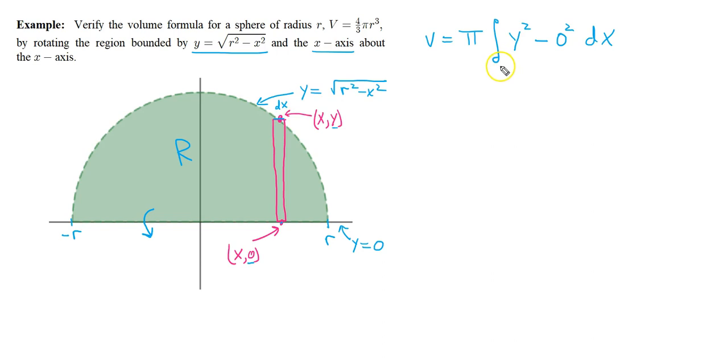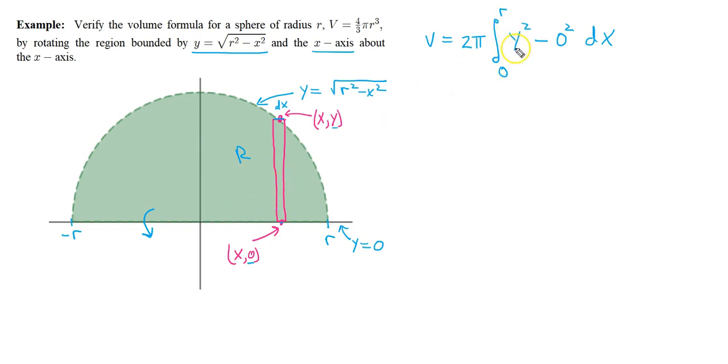Now, as far as our limits of integration go, we could integrate from negative r to r, but it's a little easier in this case if we integrate from 0 to r and then just multiply this by 2. So we're going to do that. We're only going to take this region right here, this half, and rotate it, and then just multiply our answer by 2.